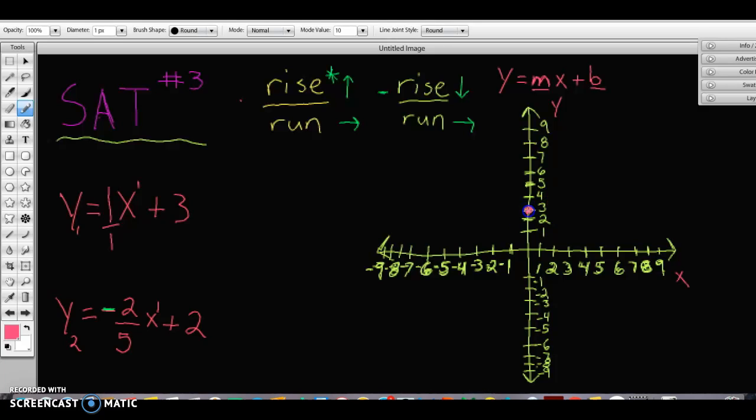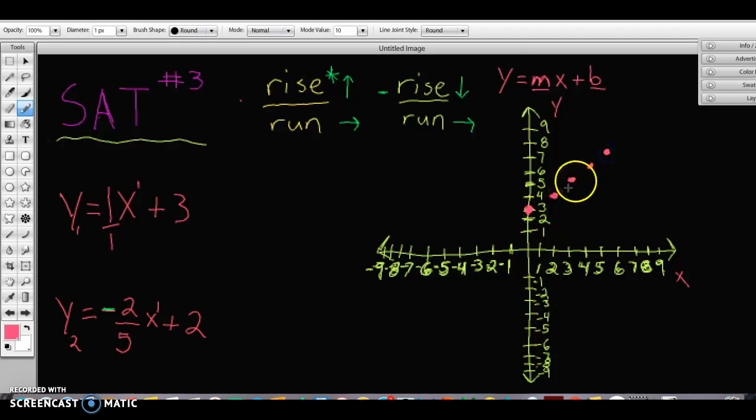So let's go ahead and do it. We're going to rise 1, go over 1, plot. Rise, go over 1, plot. Rise, go over 1, plot. And then one more time, we're going to rise, go over 1, plot.